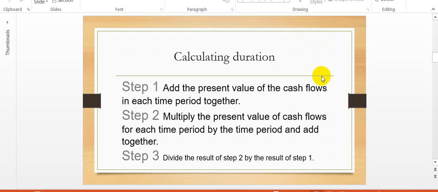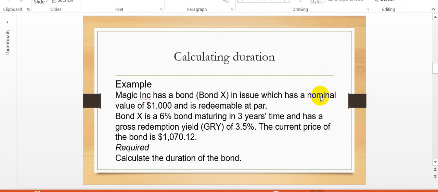So following from the steps, step 1, we said you add the present values of the cash flows in each time period. And we said also in our introductory that over the duration of the bond will be paying the coupon. In this case, the coupon is 6% times the nominal 1,000.